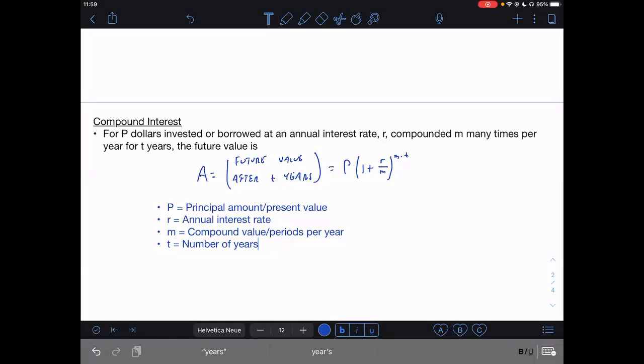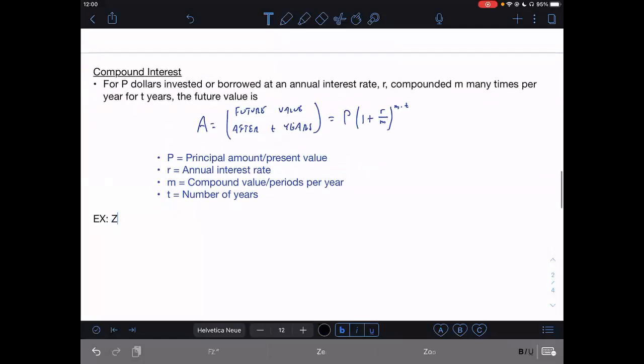All right, so let's do a little example here. Suppose that Zoe borrowed a loan of $1,000 at an annual interest rate of 5%. It's going to be compounded quarterly.